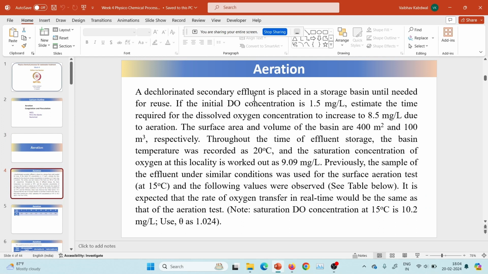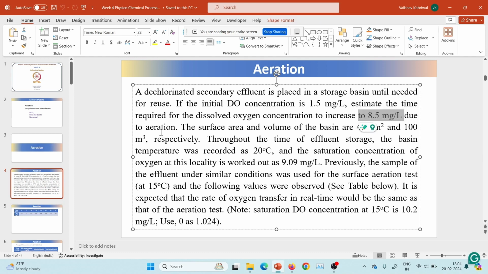The question is, a dechlorinated secondary effluent is placed in a storage basin until needed for reuse. If the initial DO concentration is 1.5 milligram per liter, estimate the time required for the dissolved oxygen concentration to increase to 8.5 milligram per liter due to aeration.